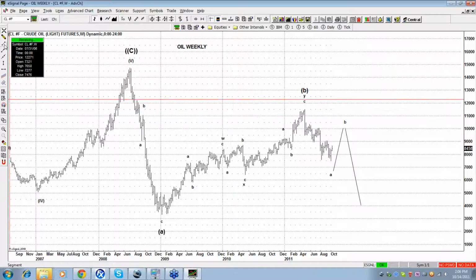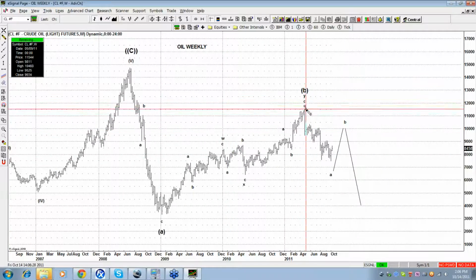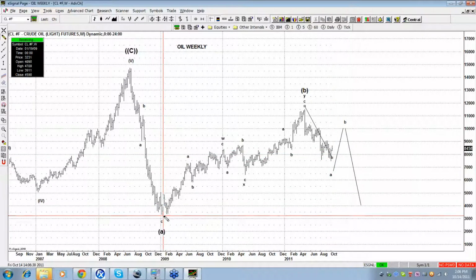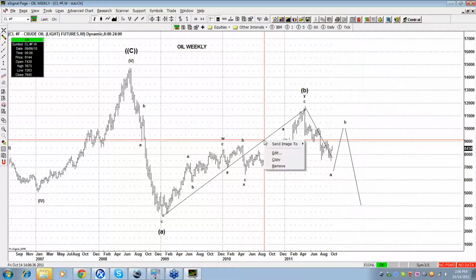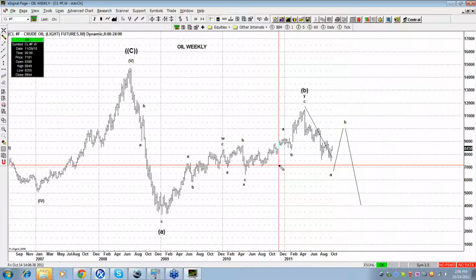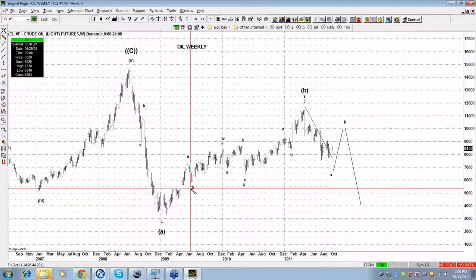Look, this throttle has nothing to do with this. We're in oil. Which count? Yeah, oil is going to drop.